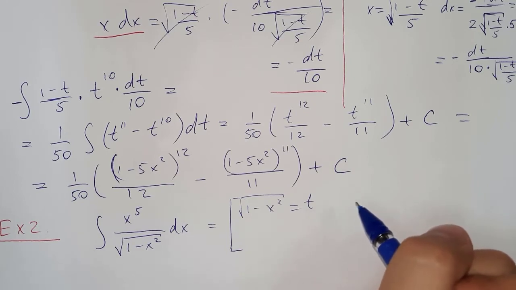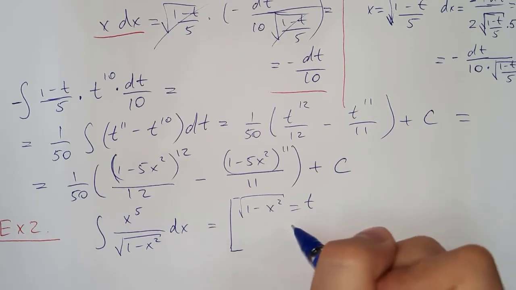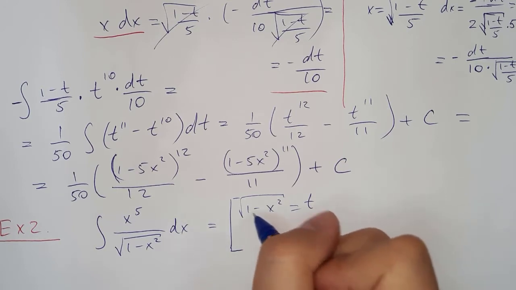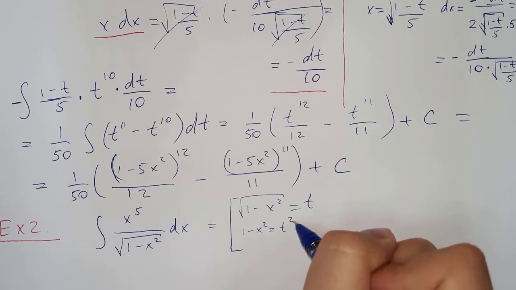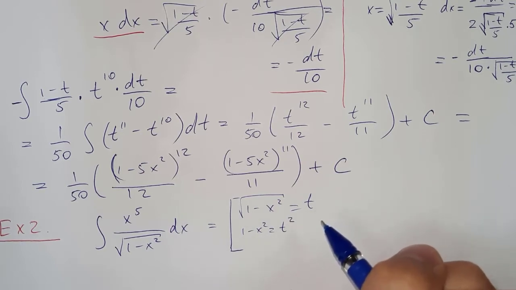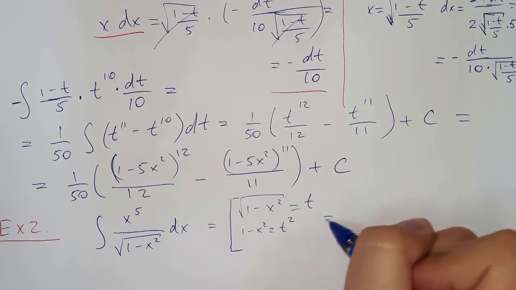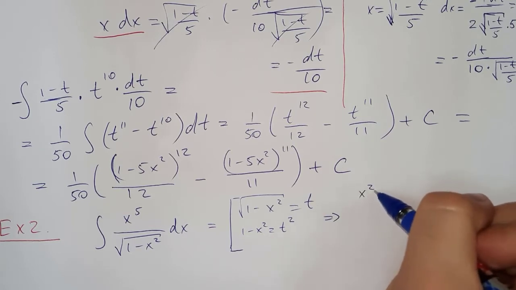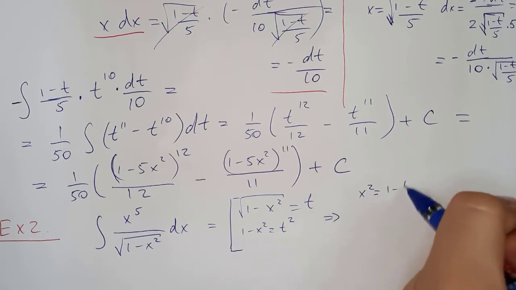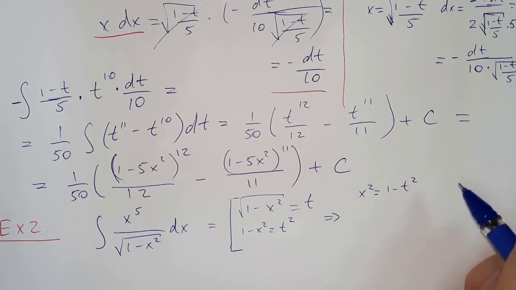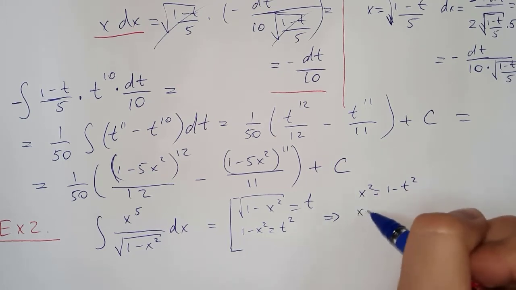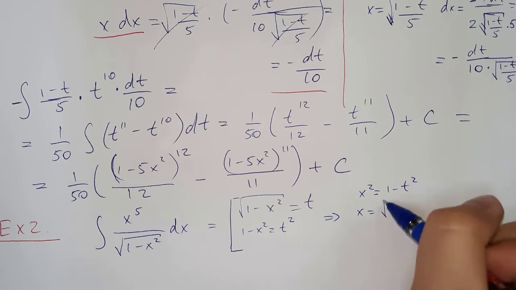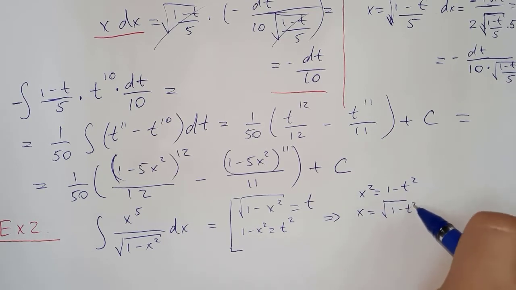So 1 minus x squared is now t squared. Hence x squared is 1 minus t squared. And now x is the square root of 1 minus t squared.